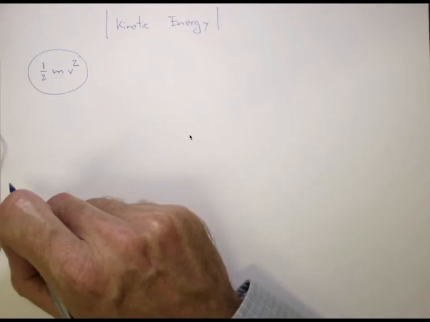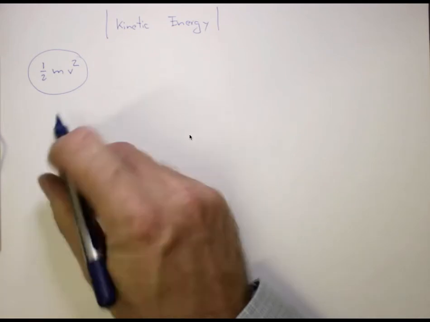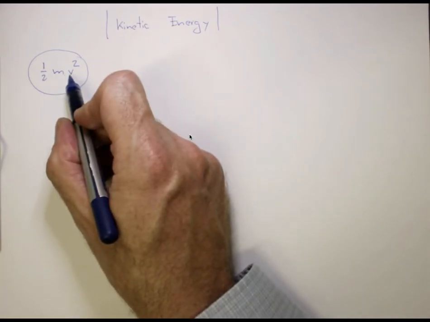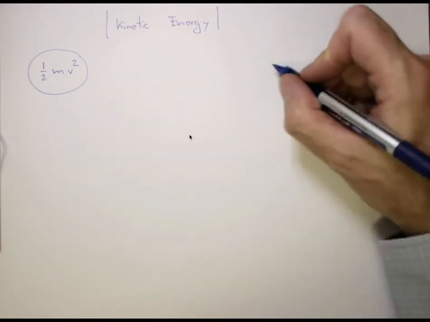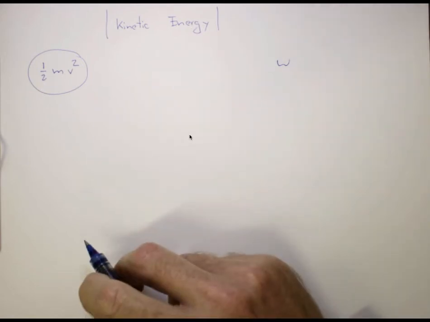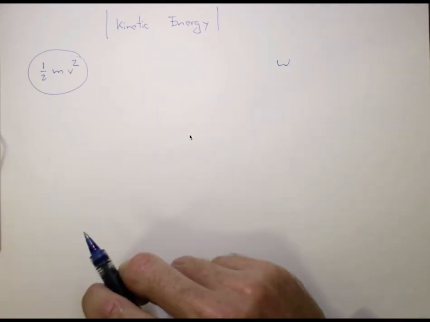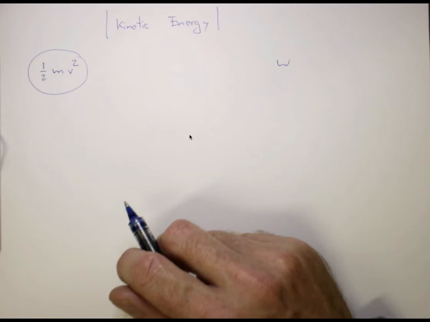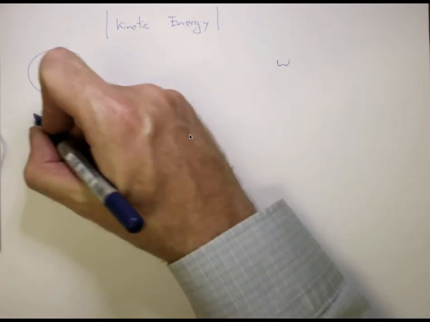In linear kinematics, the kinetic energy is very familiar. It's given by 1/2 inertial mass times v squared, linear velocity squared. Since we've now got a relationship between the linear velocity v and the rotational velocity omega, we should be able to express the kinetic energy of rotational motion. That's easily achieved by substituting.